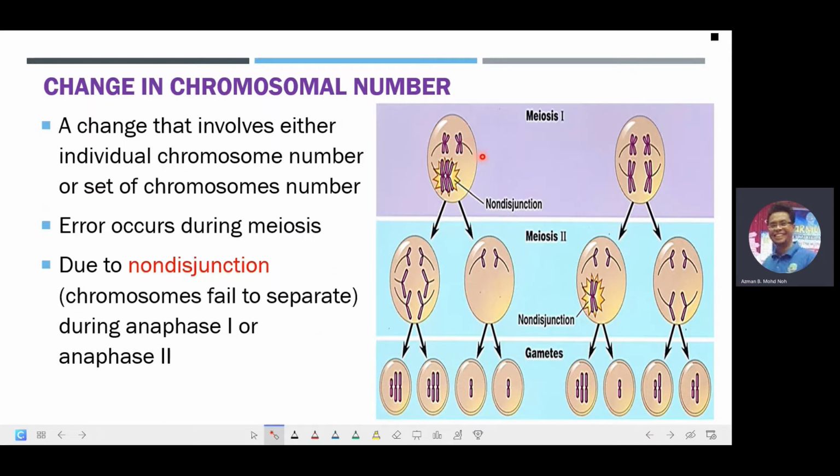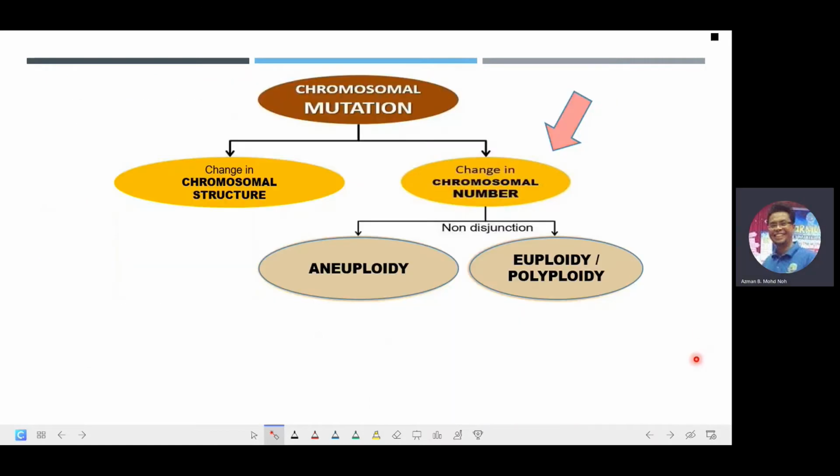However, when Nondisjunction occurs during meiosis 1 or during anaphase 1, the homologous chromosomes will not be able to separate. And sometimes, Nondisjunction may occur during meiosis 2, in which sister chromatids will not be able to separate and move to opposite poles.